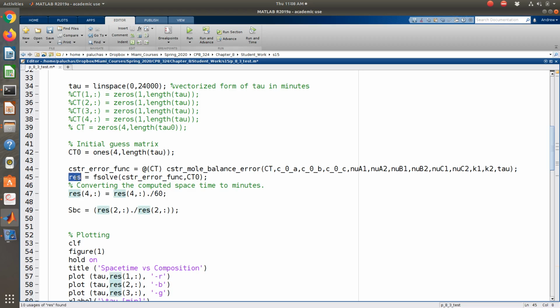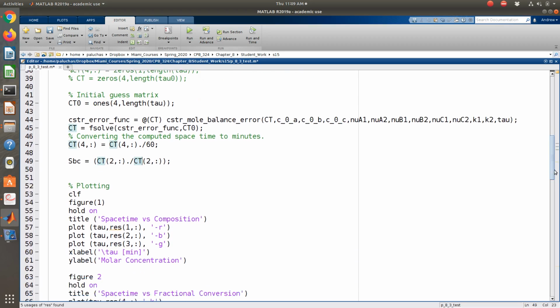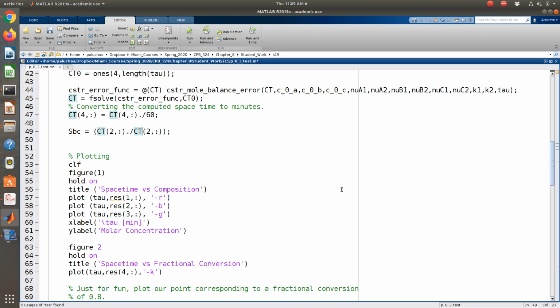And so what I really want then is just CT is my solution, if you want to use the CT matrix. And I have to say, this is very impressive.